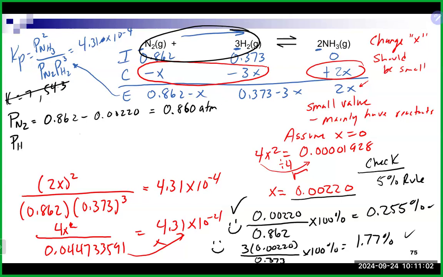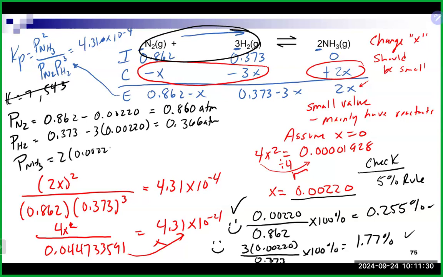Partial pressure of H2 would be 0.373 minus 3 times 0.00220. And that's going to get us here 0.366 atmospheres.